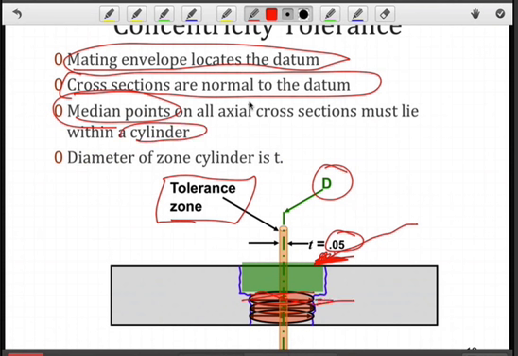And we'll do that for an infinite number of cross-sections. Of course, in practice, we will not be able to do that. So if all these median points lie within our cylinder over the length of the feature, then it is concentric.